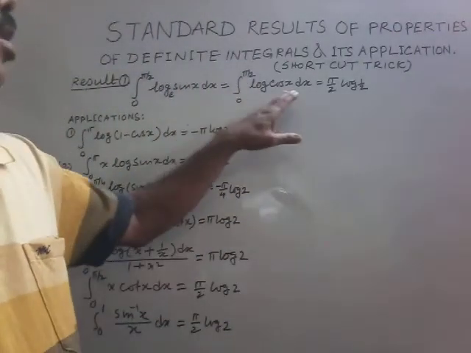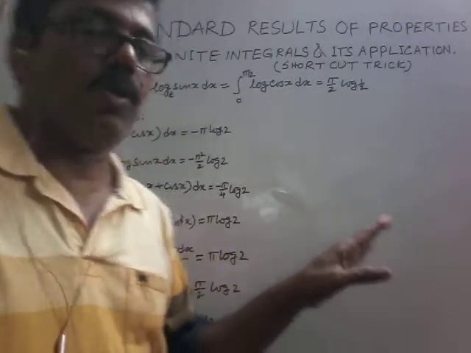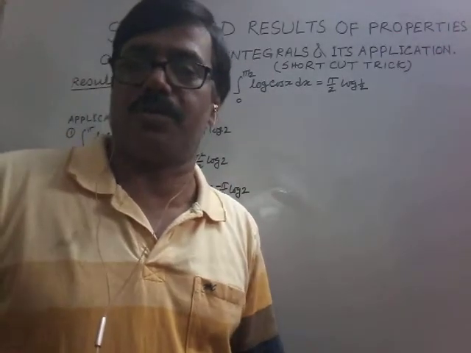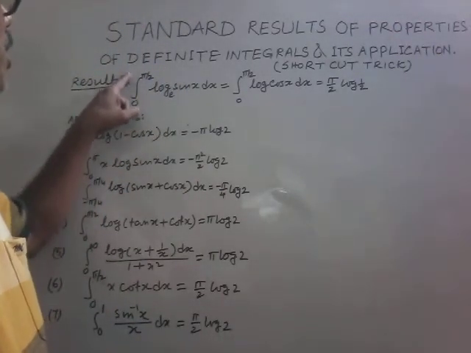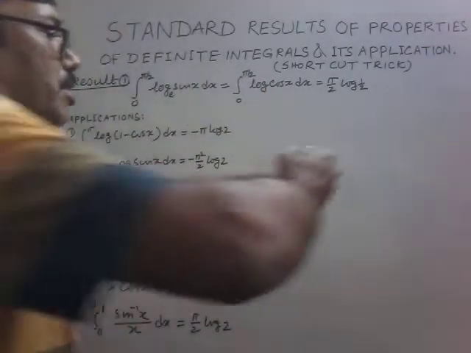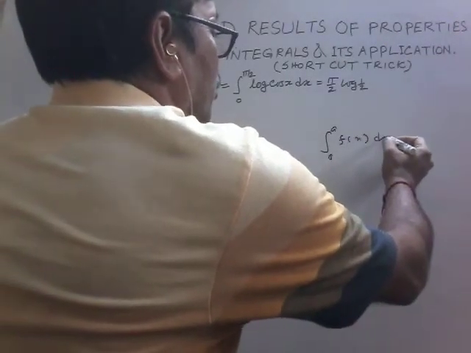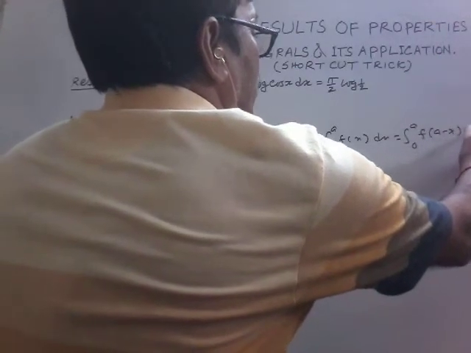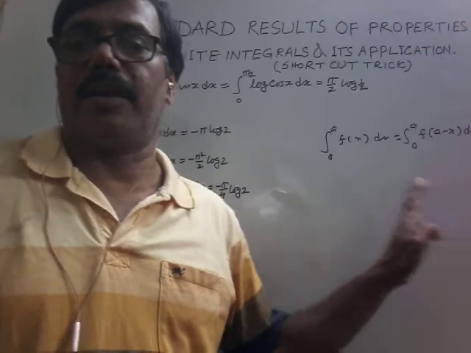My suggestion will be, you must prove this result first. All of you know it. This is a standard problem of the board syllabus. We consider this as I, and using the property of definite integration, integral 0 to a f(x) dx equals integral 0 to a f(a minus x) dx, we can find the result.